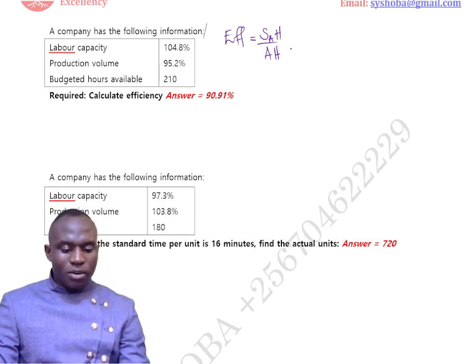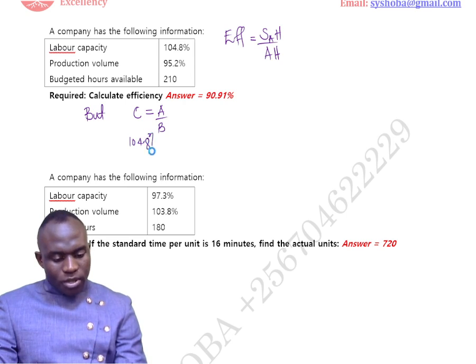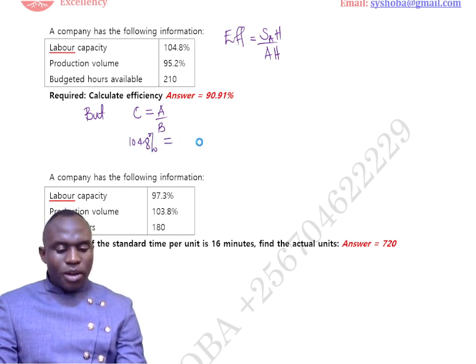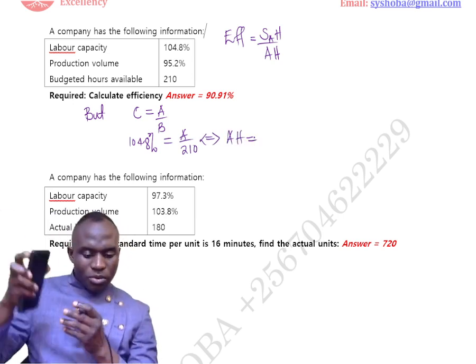But when we look at what is given, capacity is this. But what is capacity? Capacity ratio is actual hours divided by budgeted. So 104.8% is going to be actual hours, which we don't know, divided by budgeted, which is 210. And when we work out, the actual hours would be, so use your calculator to work out.